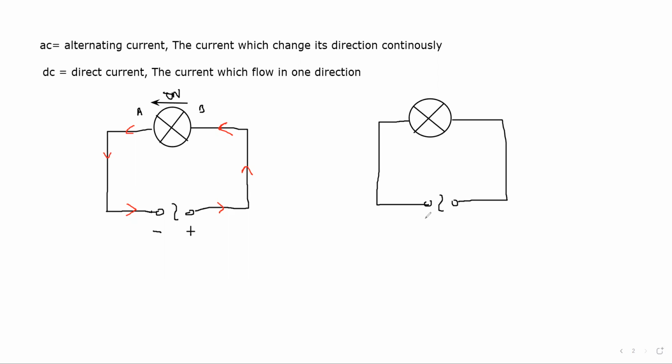Next, the left hand side will be positive and the right hand side will be negative, so the current will flow again from positive to negative, but this time the direction of the current is from A to B, and because there is a current, the lamp will light up. The only difference here is the direction of the current. So the AC supply, alternating current supply, continuously changes the direction of the current.